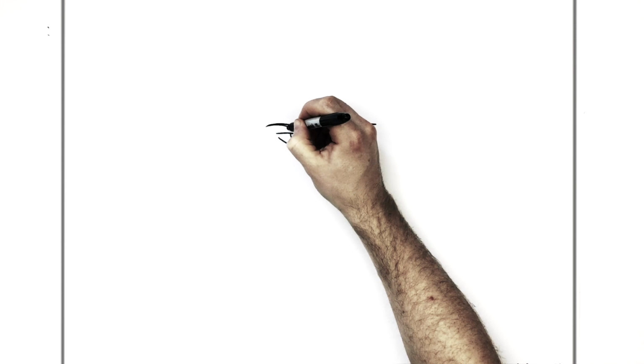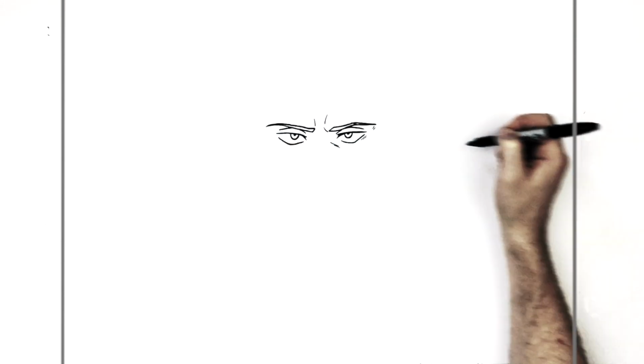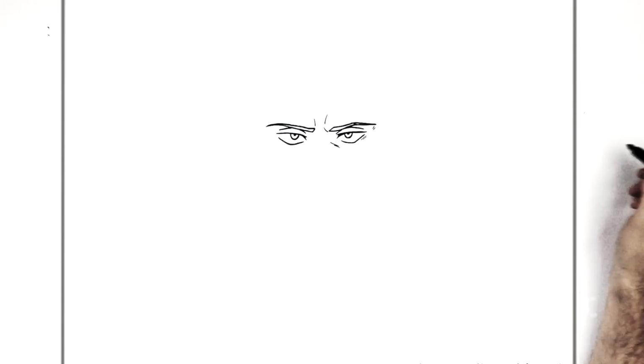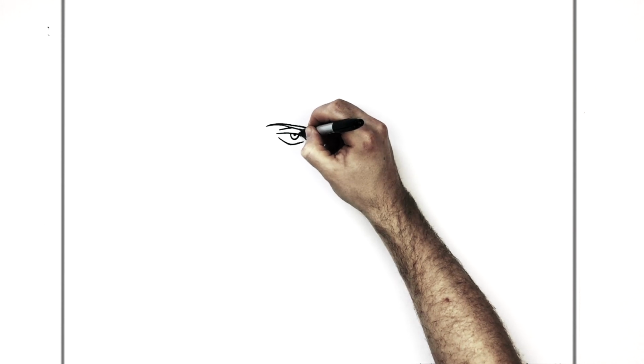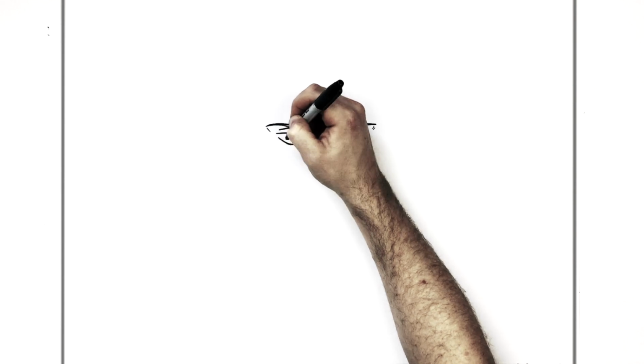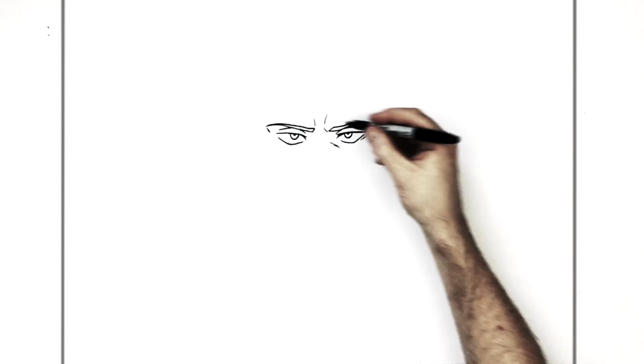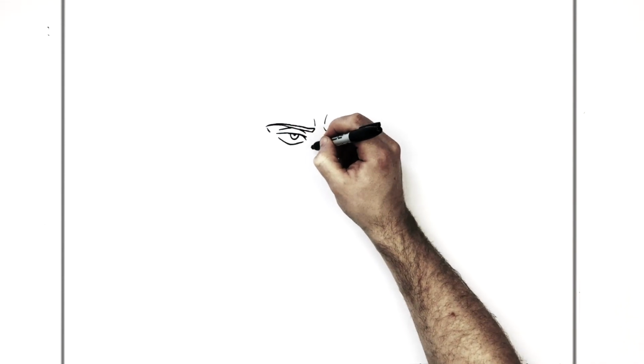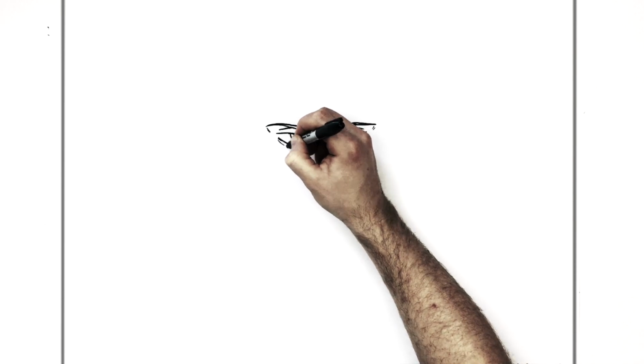Eyelid line just under the eyebrow, like so. And he has a texture line at the edge of his eyebrow, and then some skin lines, eyelid lines, just there.